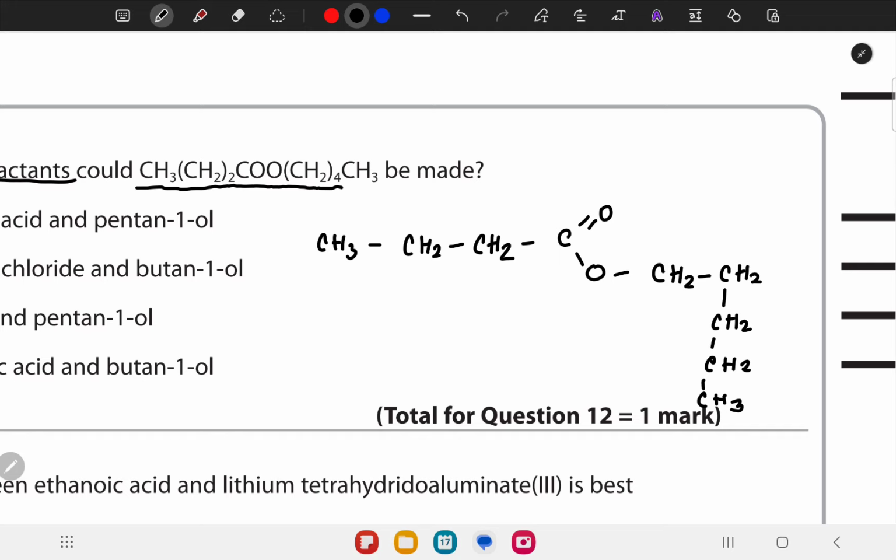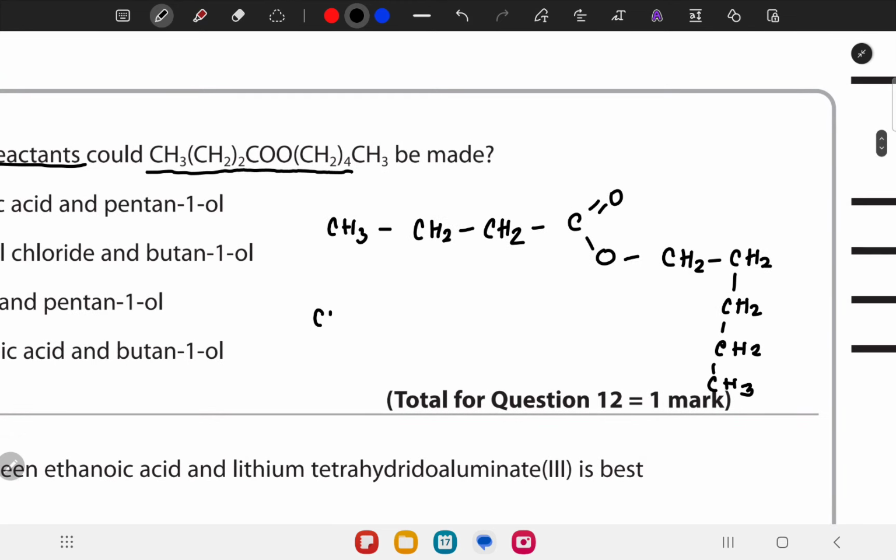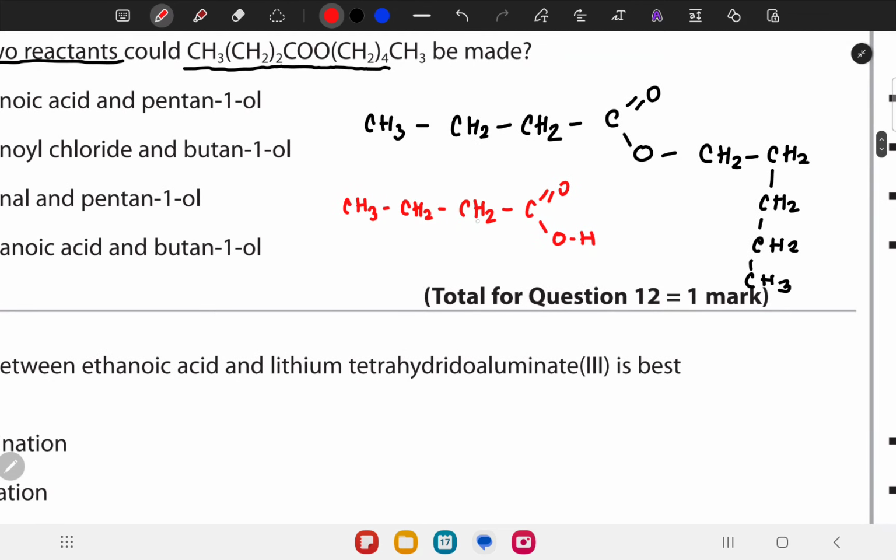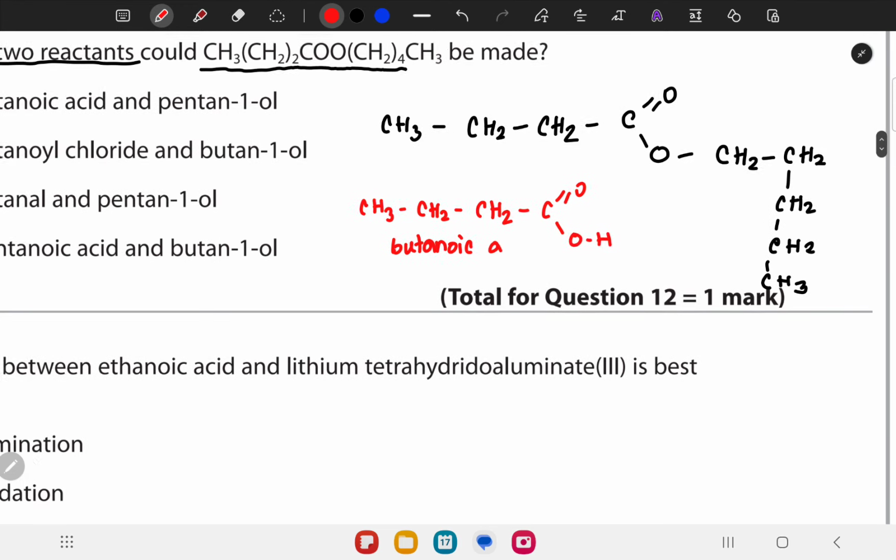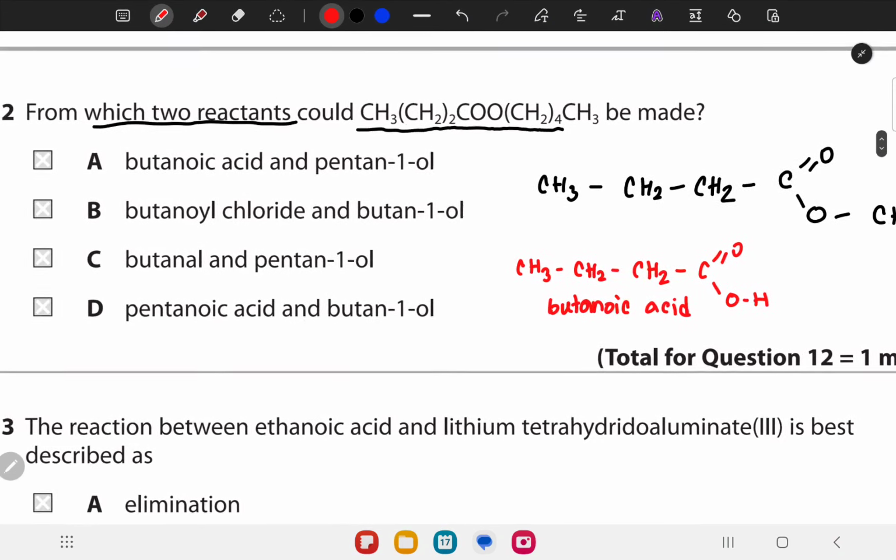So this is an ester. It will be produced from the addition of a carboxylic acid and an alcohol. The carboxylic acid must be CH3CH2CH2C double bond OH. This is 1 2 3 4. So this is butanoic acid. So A is our answer over here.